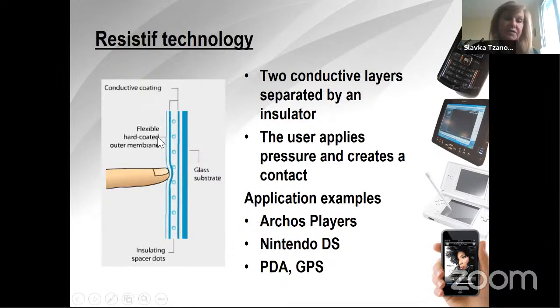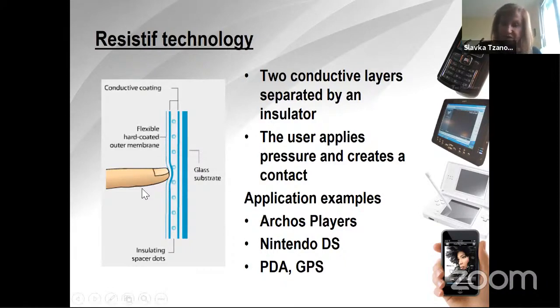On the top, we have a flexible, hard-coated outer membrane, and behind this is the substrate, usually glass. The user applies pressure on one point and creates contact. On two sides of the screen, on the periphery, there is electronics that identifies the coordinates of the point where this pressure was applied.